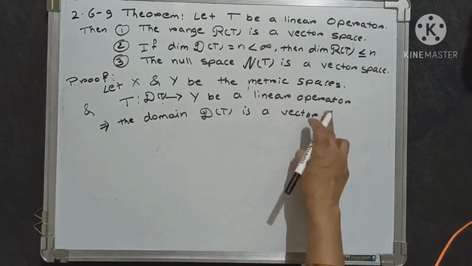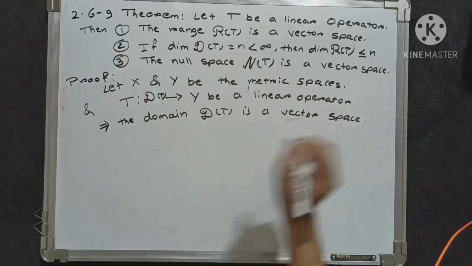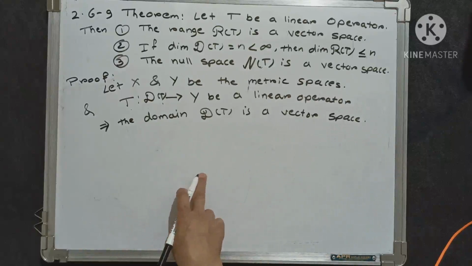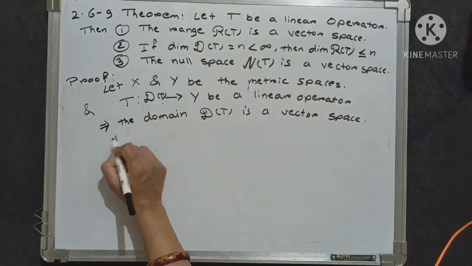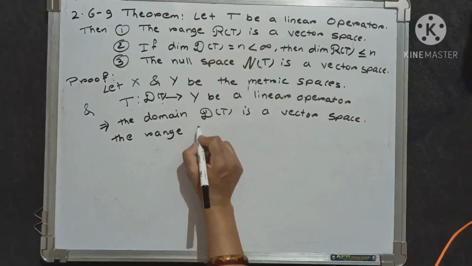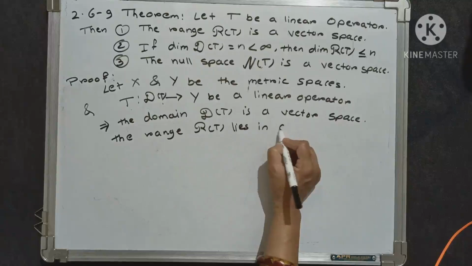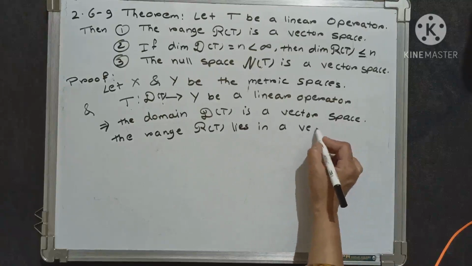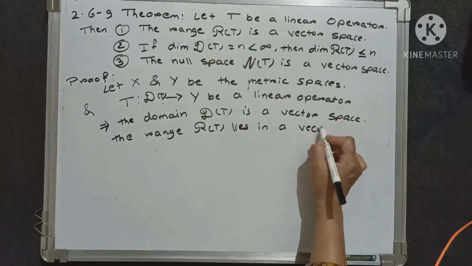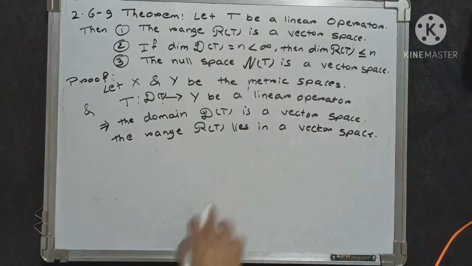Also in that definition it is given that the range, script R of T, lies in a vector space. And now in this theorem we have to show that the range is also a vector space.